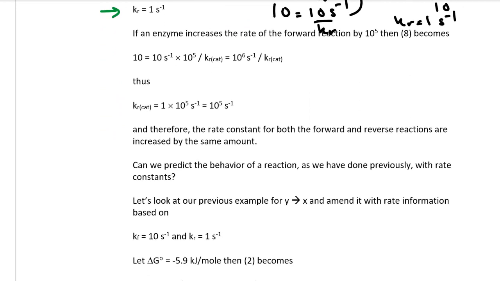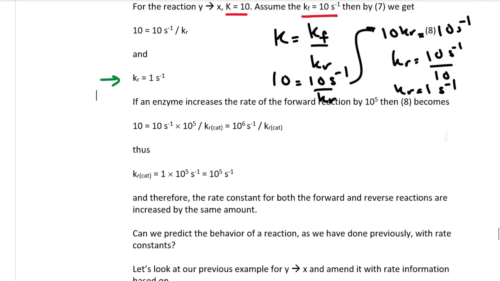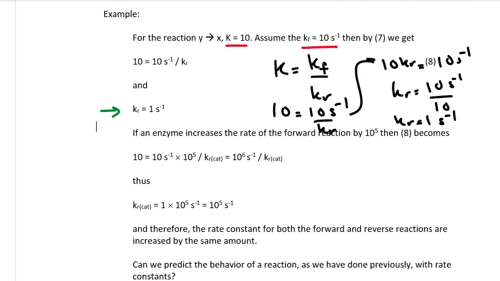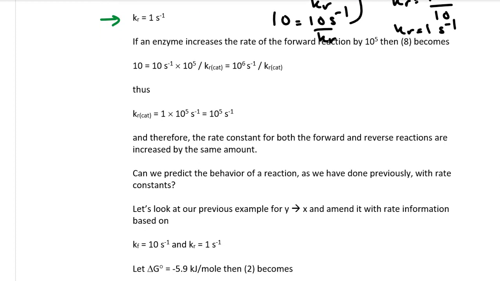If an enzyme increases the rate of the forward reaction by 10 to the 5, then 8, which was right here, becomes 10 equals 10 per second times 10 to the 5 over Kr cat. So this is just the same calculation we did before. We have our equation, K equals Kf over Kr. Well, K is 10.